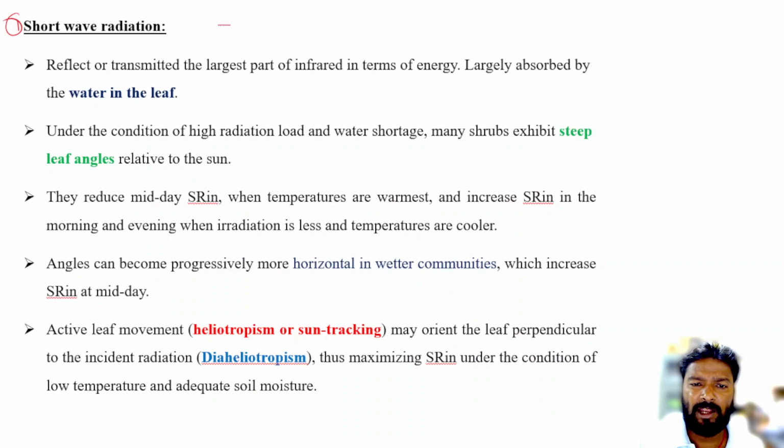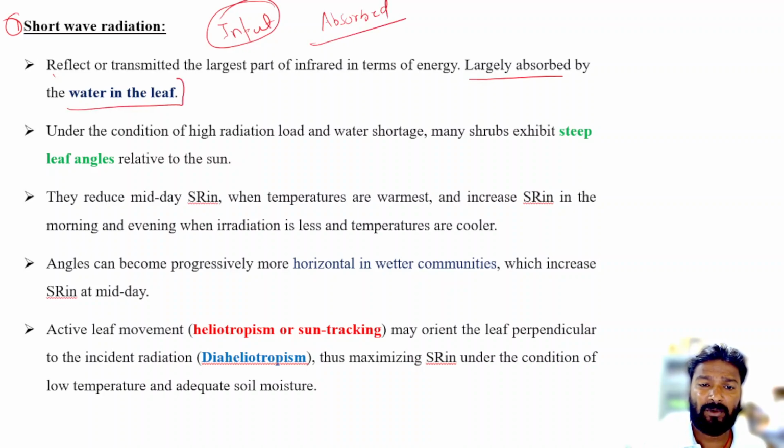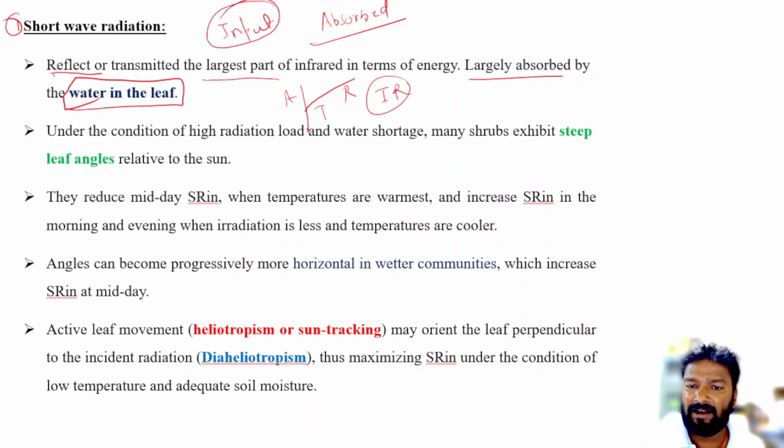This is a very important input of solar energy, that is absorbed by the plant, or by the water molecules present in the leaf, and also reflected and transmitted in the form of infrared, which reduces the heat load of the plant.